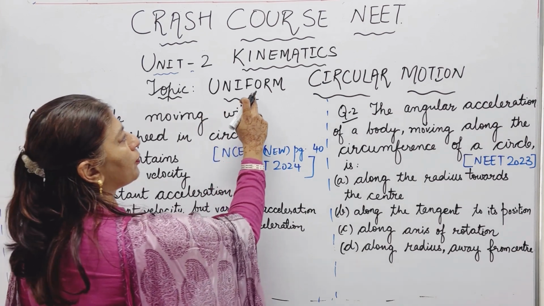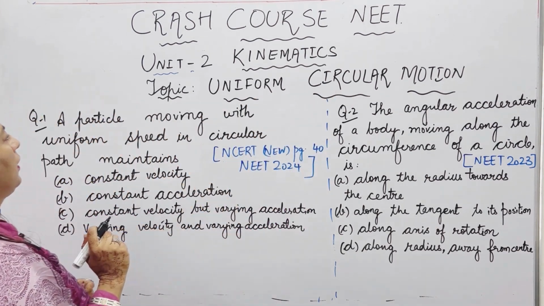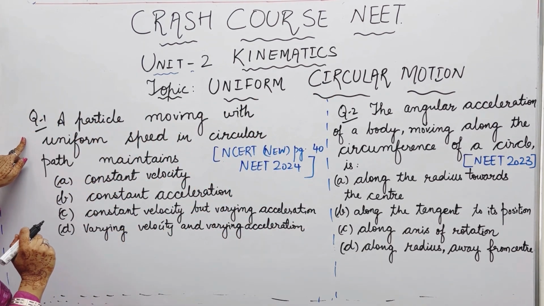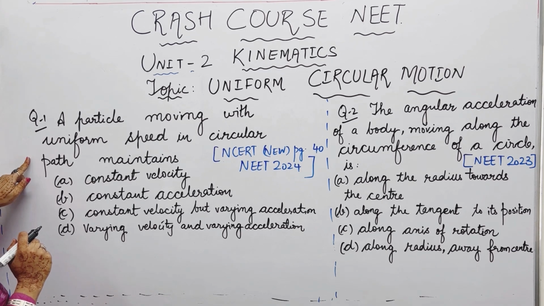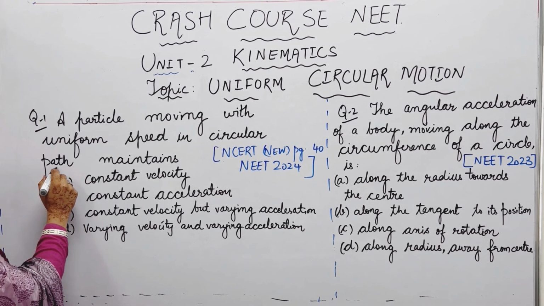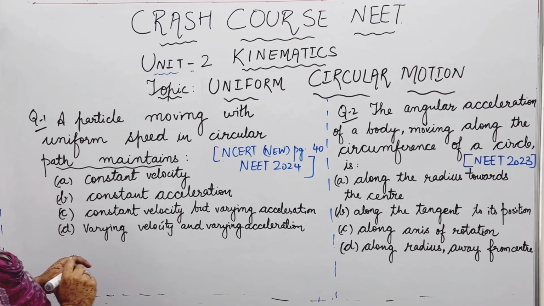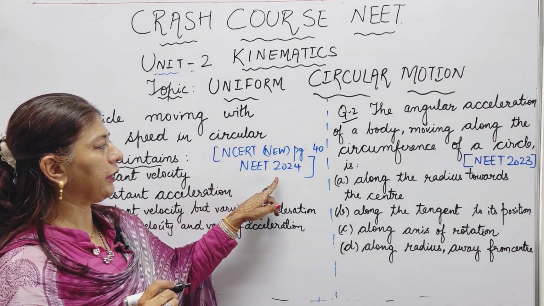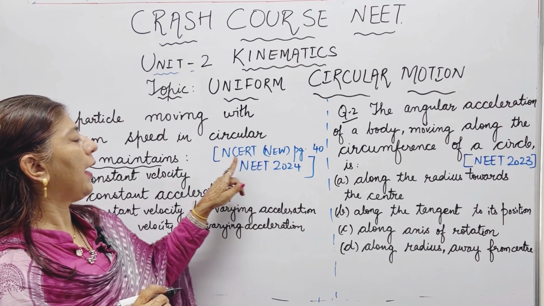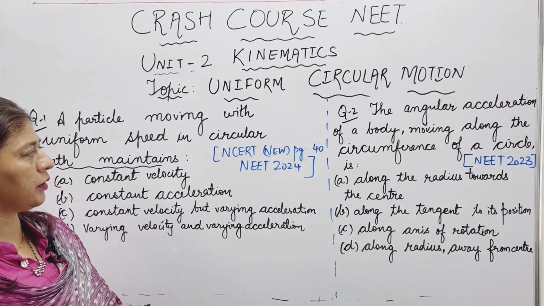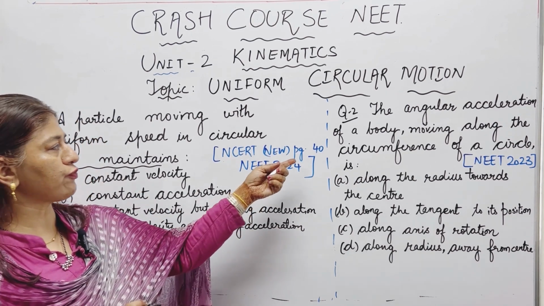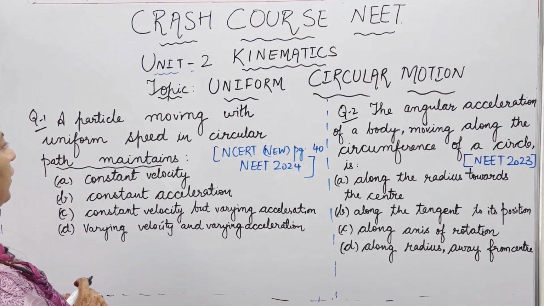Now we are taking the topic of uniform circular motion. In that, the first question is: a particle is moving with uniform speed in a circular path, maintains? These are the four options given to us. This question has come in NEET 2024, and it is a question given on page 40 of NCERT new.